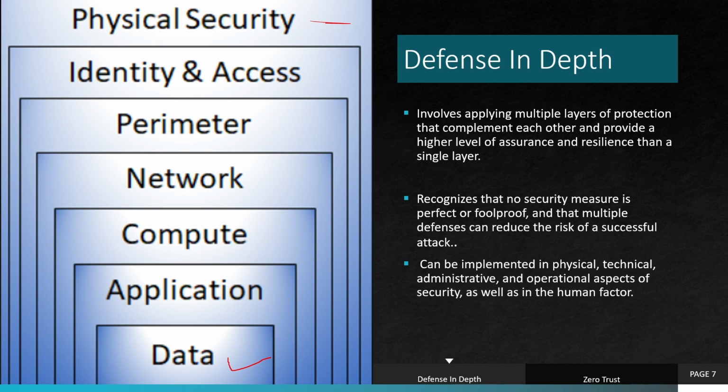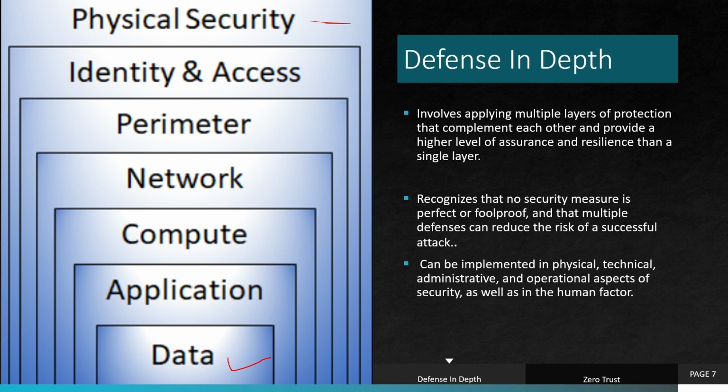It will be using both physical controls, both administrative controls, and operational aspects of security, and even the human aspect of security as well, to try to further strengthen your security posture. And if we want to protect ourselves against cyber attacks, defense in-depth now employs multiple layers of security measures that increase both the difficulty and the cost of attacking your environment.